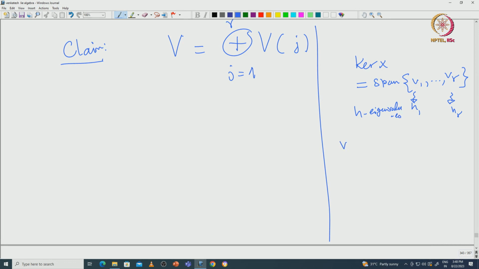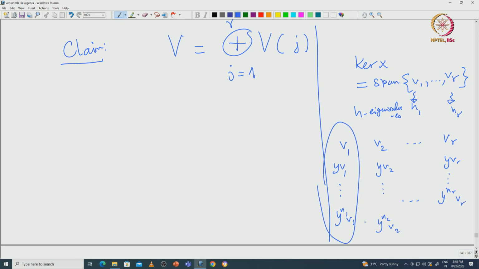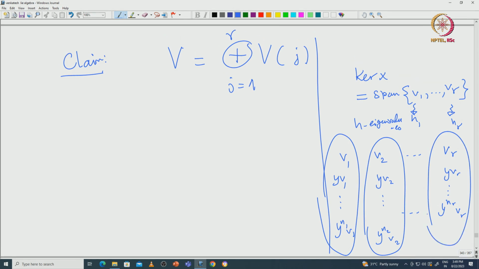Then we just generate copies of the sl2 representation from this, because these are all maximal vectors. So, you take v_1 and apply y to v_1, etcetera, y to the power n_1 v_1, and then take y v_2, etcetera, y to the power n_2 v_2, and so on, then y v_r, etcetera, y to the power n_r v_r. So, each one will give you one copy of an irreducible representation.